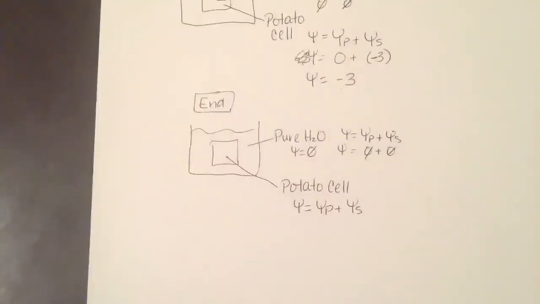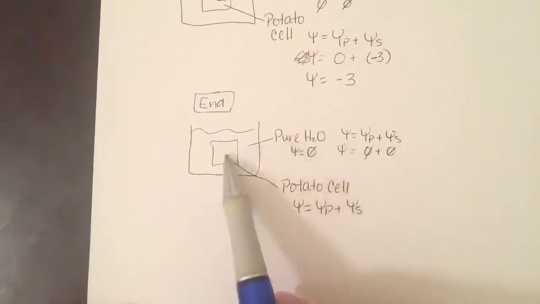So in this case here, eventually at the end, where you get the end of the net diffusion of water inside the cell is when the water potential is going to equal the water potential on the outside.